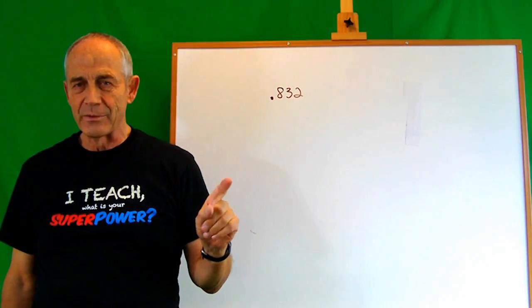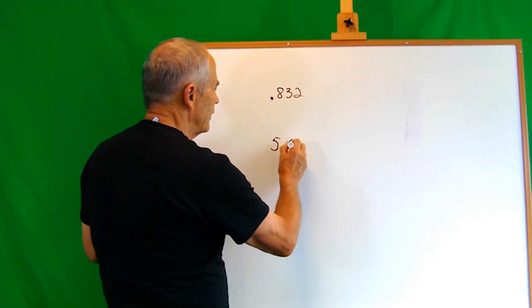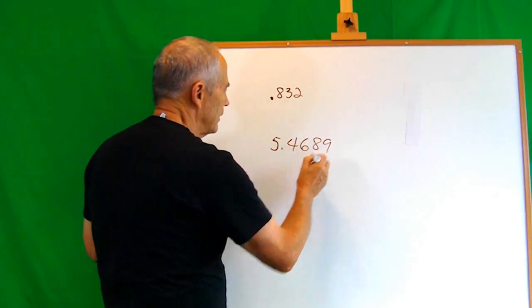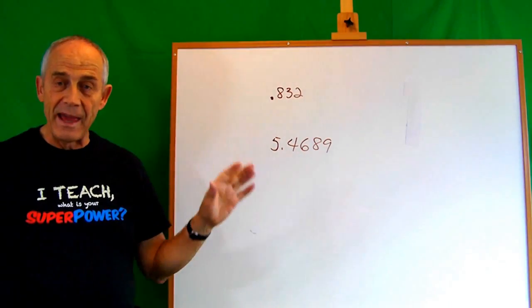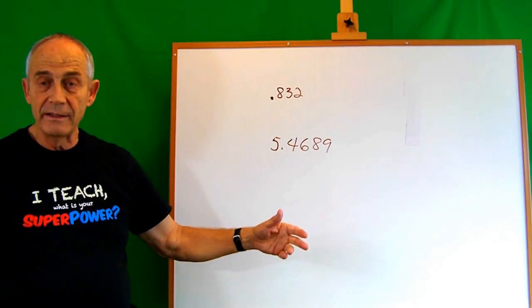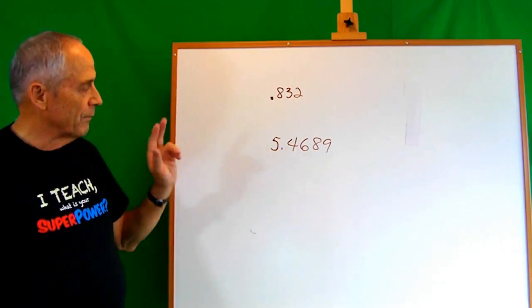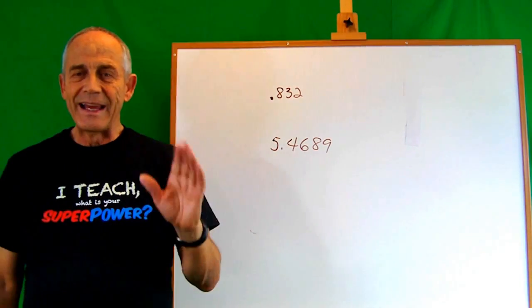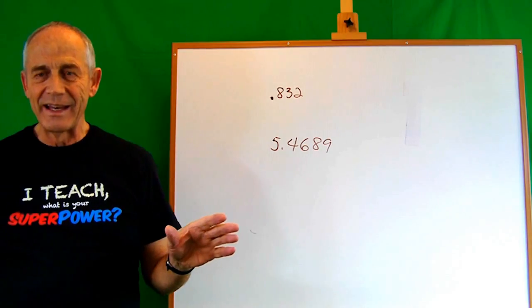If I had something like this, that number is 5 and 4,689. Tenths, hundredths, thousandths, ten-thousandths. 4,689 ten-thousandths, and that's how we would say that name.